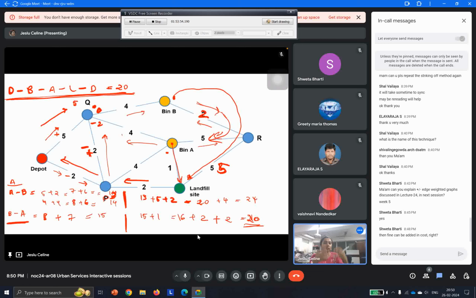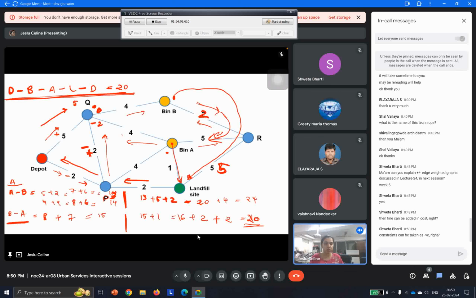You need to add more capacity if you're going this way. When all those constraints come in, you can have something which goes in the positive direction and something which goes in the negative direction. That's where you have the positive and negative edges. Constraints can be taken as negative also. Yes, it can be taken as negative.